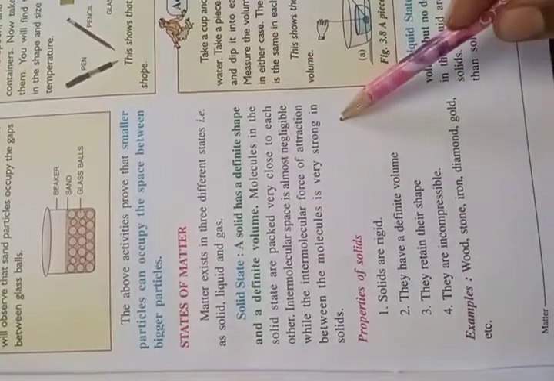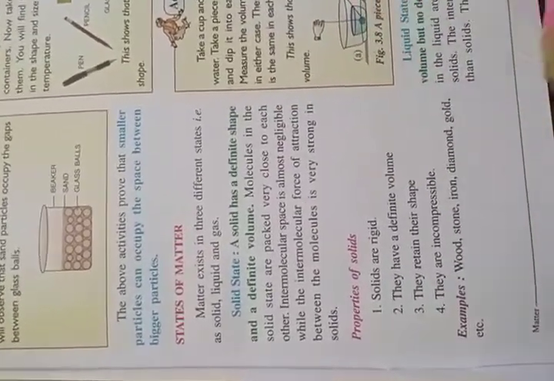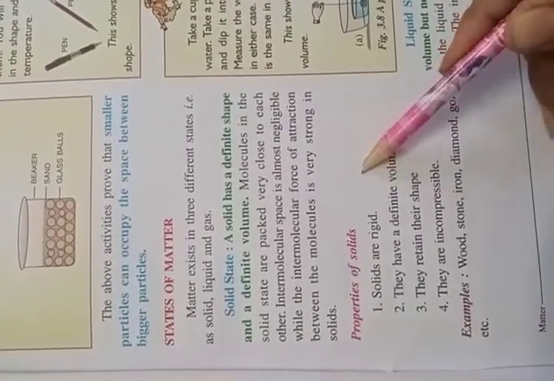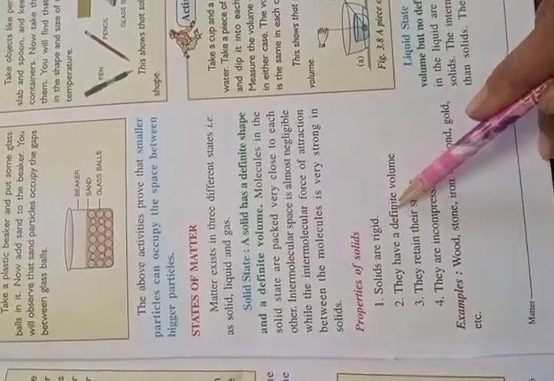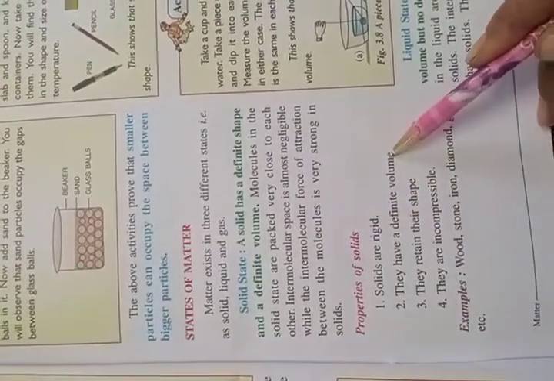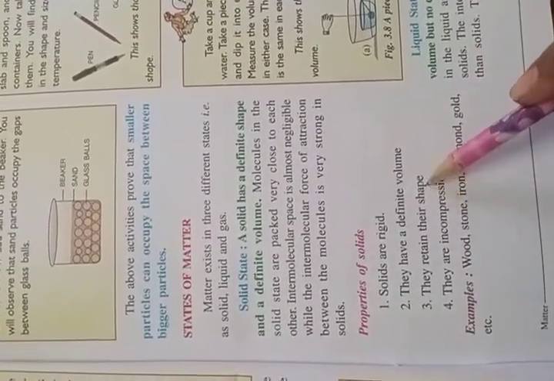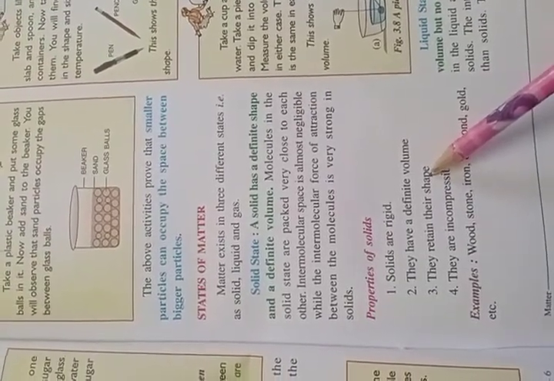So this is about the solid state. What are the properties of the solid state? First, solids are rigid. Second, they have a definite volume. Third, they retain their shape.